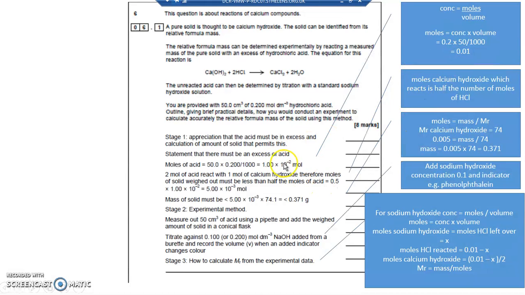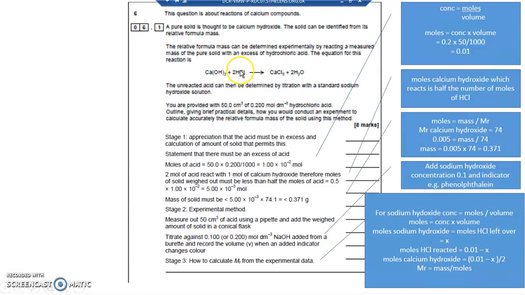The number of moles of acid was 0.01. Take away X. So that's the number of moles of acid that have reacted. I started with 0.01 moles of acid. I've got X number of moles left over. So the amount that I've actually reacted is 0.01 take away X.